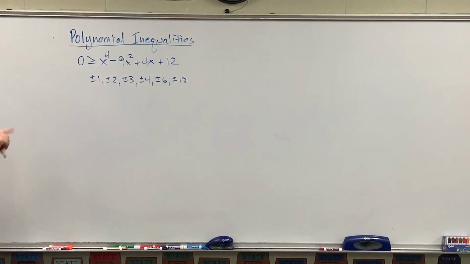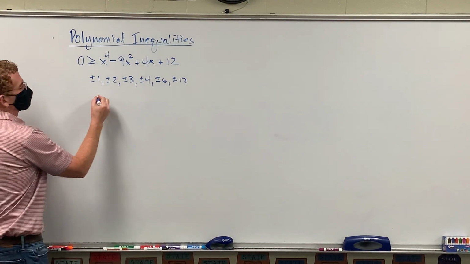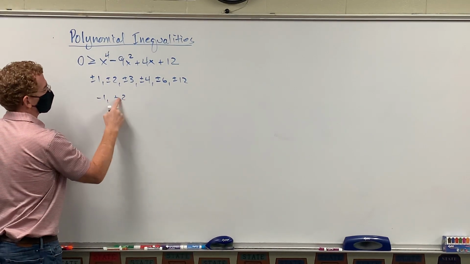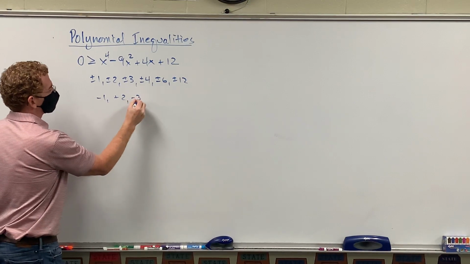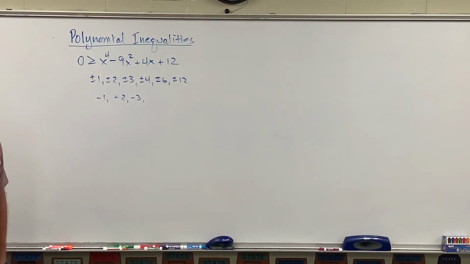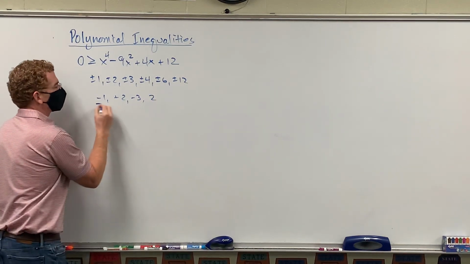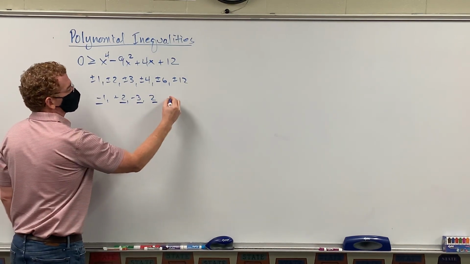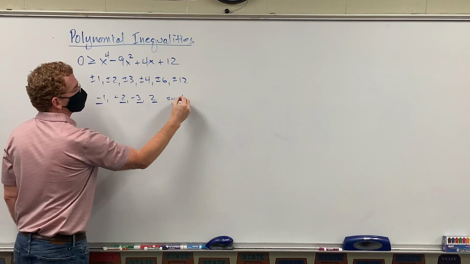And as you start guessing and whatever, you finally find that -1, +2, -3, +2, -3, and then actually +2 again. You find that those 4 factors actually check when you do synthetic division.